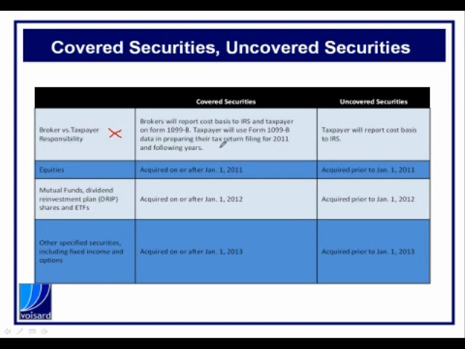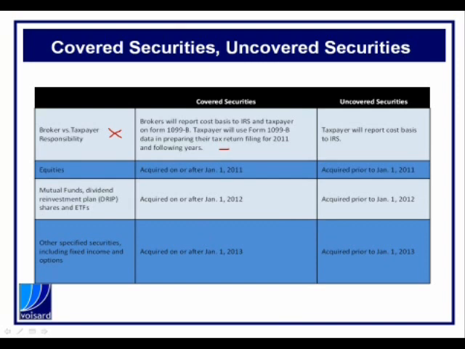In this section it indicates what they are going to report and how they're going to report it, and over here this suggests that the taxpayer is responsible. And then you have the same schedule that we just saw between the three, and it gives you an idea of where those assets should be reported and who is responsible for reporting them.